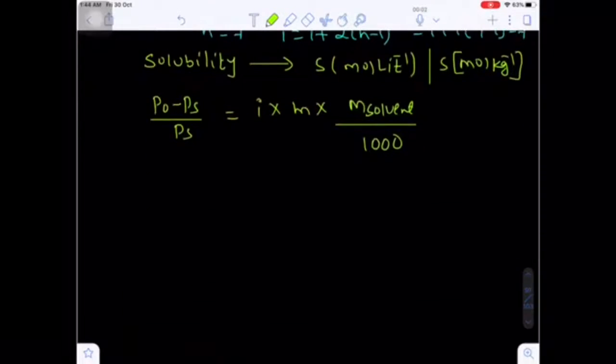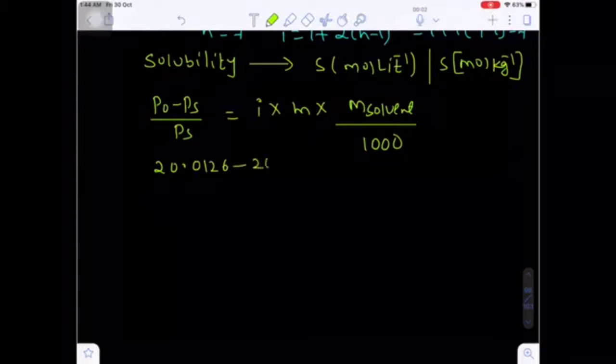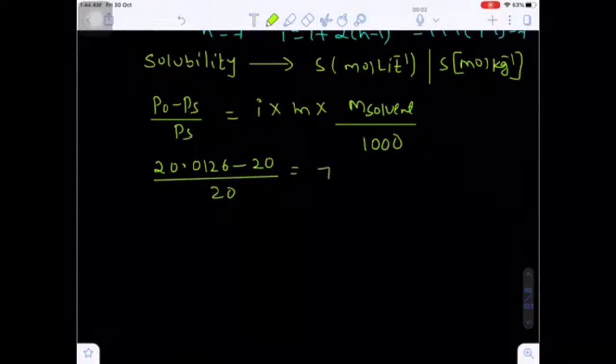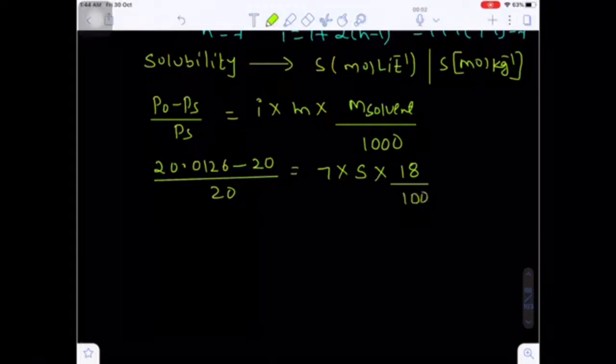P naught value is 20.0126 and the PS value given is 20 mm. So (20.0126 minus 20) divided by 20 equals iota value 7 into molality, the solubility S, and the molecular weight of the solvent water, 18, whole divided by 1000.